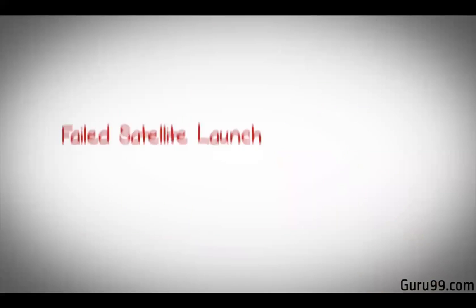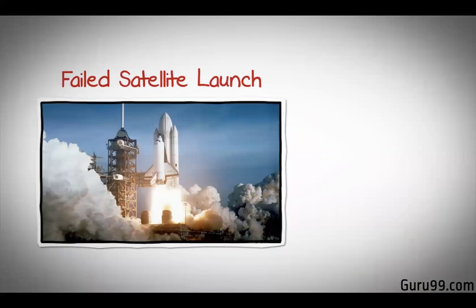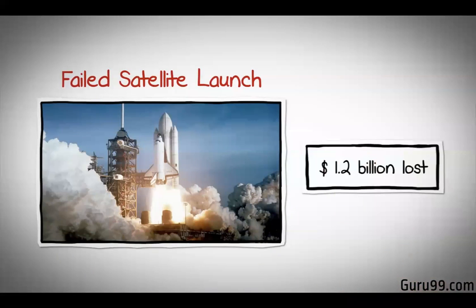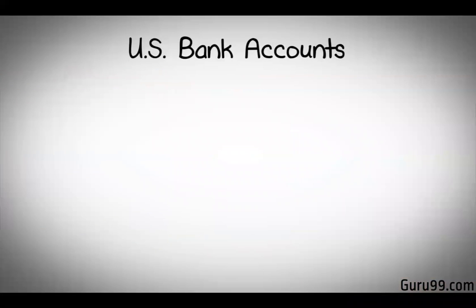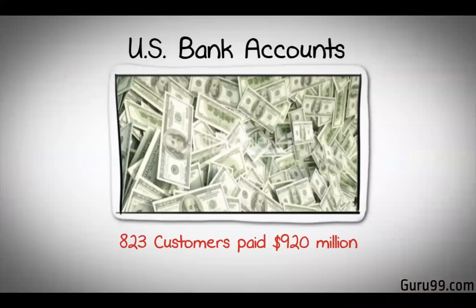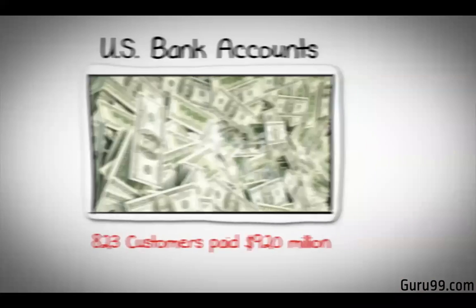In April of 1999, a software bug caused the failure of a $1.2 billion military satellite launch, the costliest accident in history. In May of 1996, a software bug caused the bank accounts of 823 customers of a major U.S. bank to be credited with $920 million US dollars.